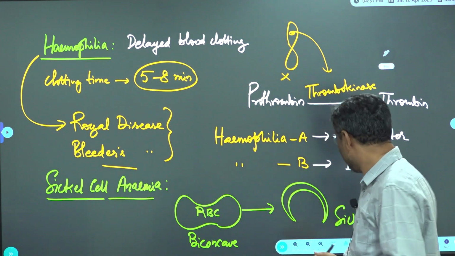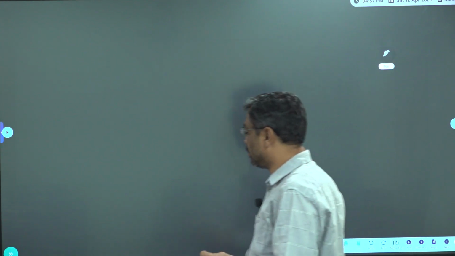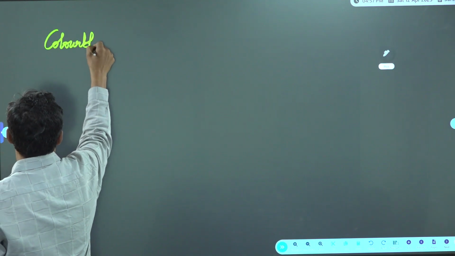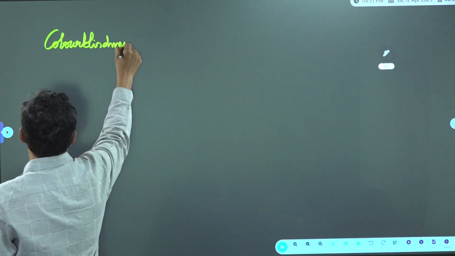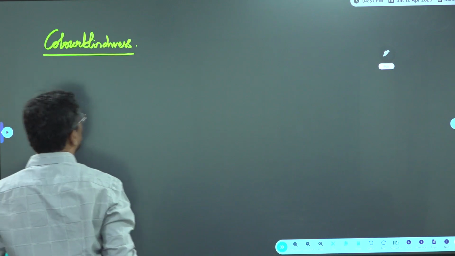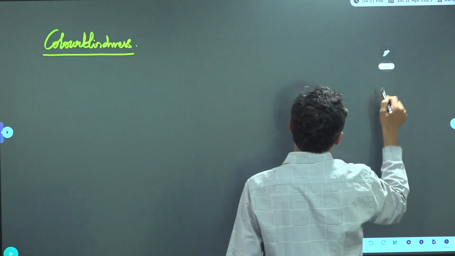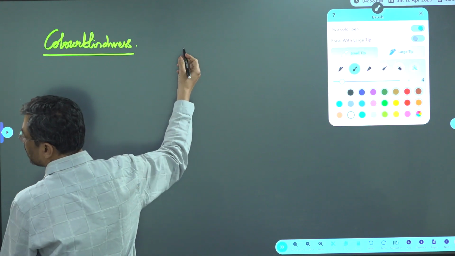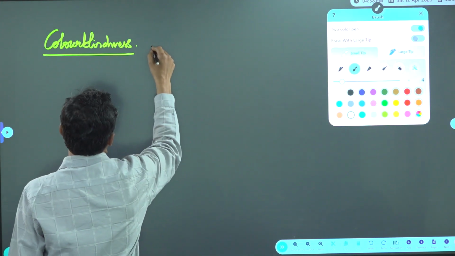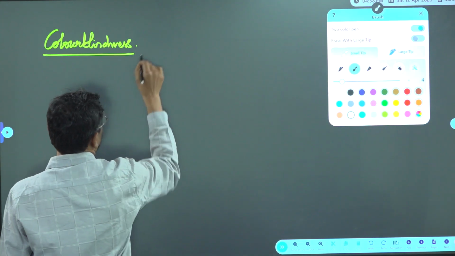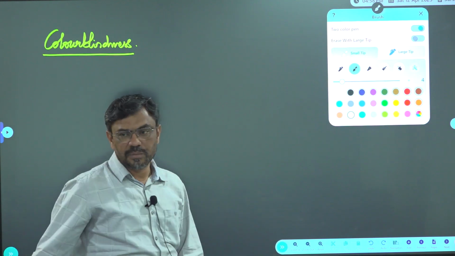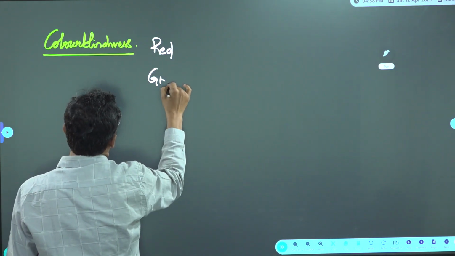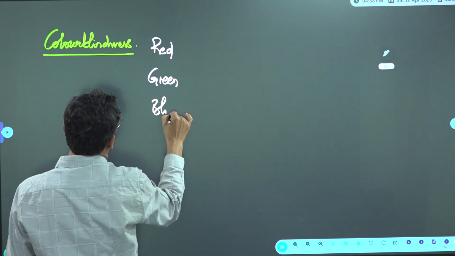Okay, right. And next one is color blindness. Color blindness means unable to differentiate the primary colors, unable to identify primary colors like red, green and blue.